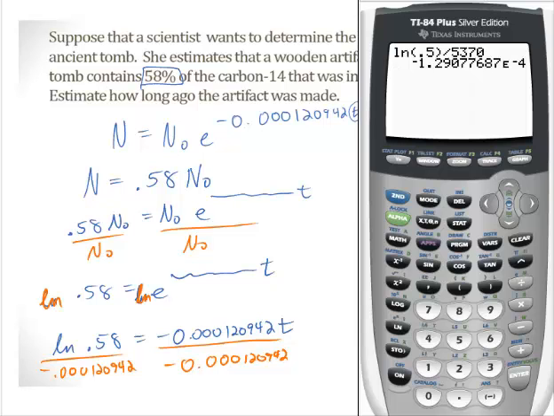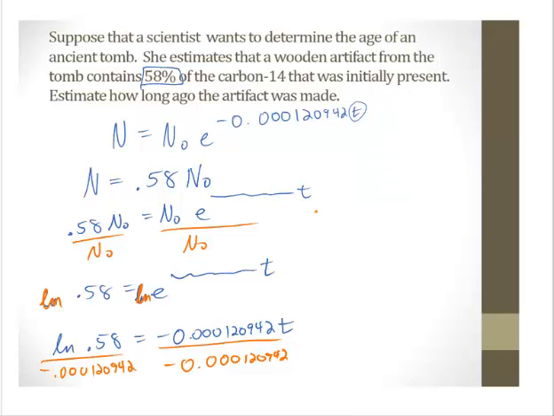Alright, so let's see, the natural log of 0.58, divide that by negative 0.000120942. So about 4,500 years.